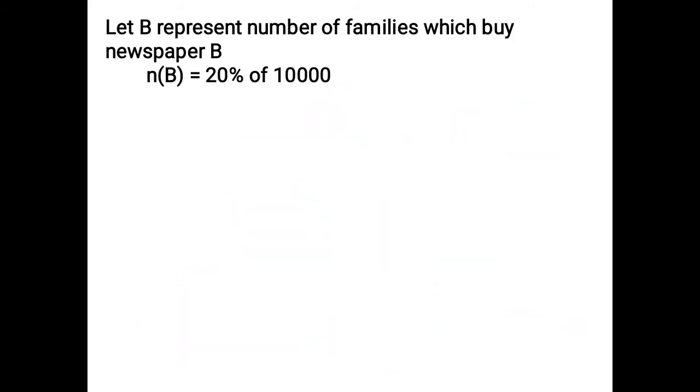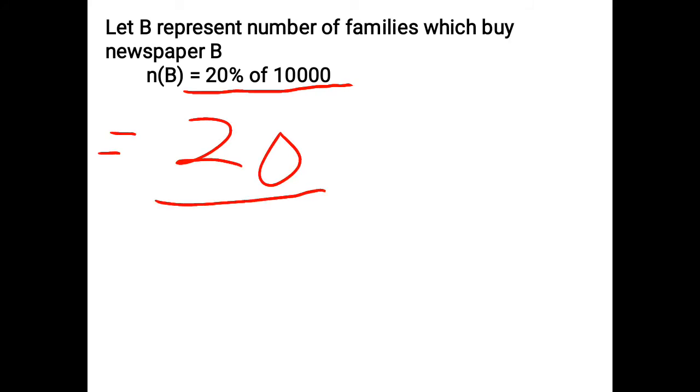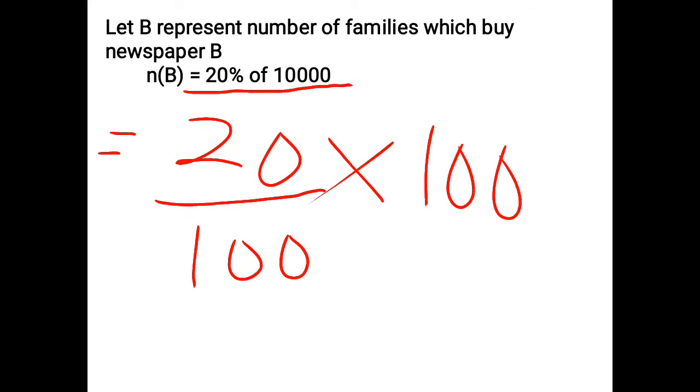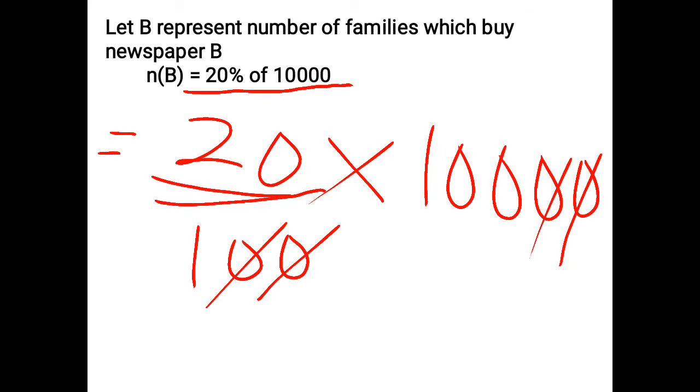Okay. Similarly, B is representing the number of families which buy newspaper B, but it is also given in percentage. So 20% of 10,000, that is 20 over 100 of 10,000. So these 2 zeros will cancel these 2 zeros. You are left with 20 times 100, which is going to be 2,000 families.